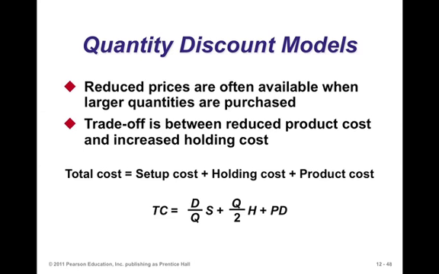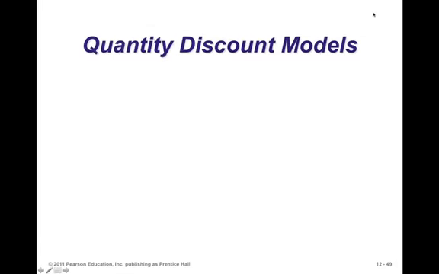What we have is a situation where a supplier or manufacturer will offer different prices for different quantities. So if you order less than 500 units, you will get one price. Between 500 and 1,000, you get another price. Between 1,001 and 2,000, you get another price, etc. It all depends. So the price breaks, as we call them, will depend on the manufacturer of the product and all that sort of stuff.